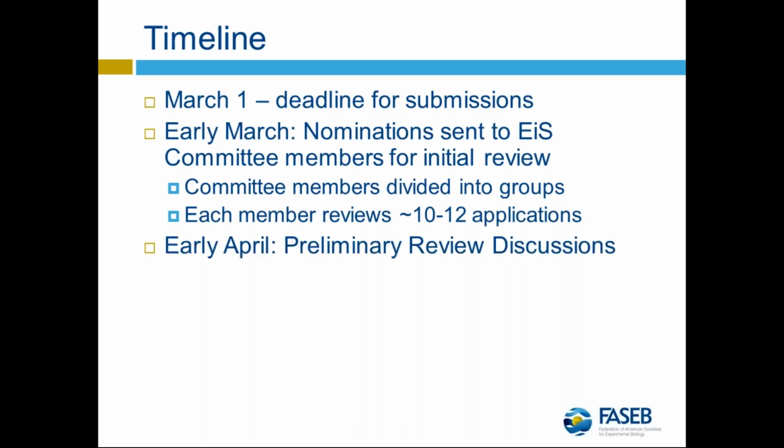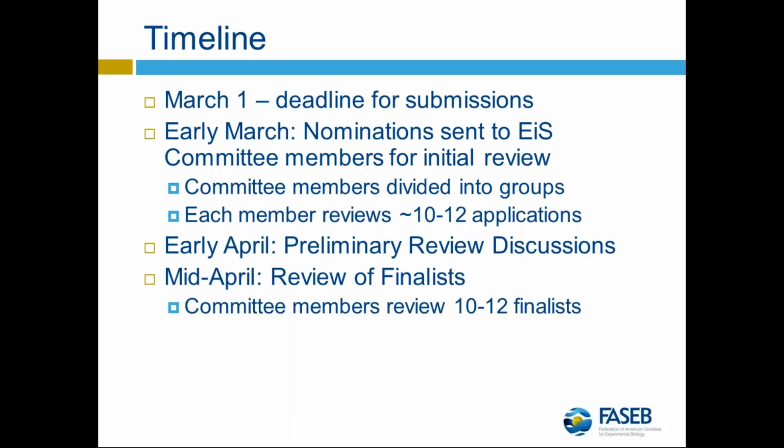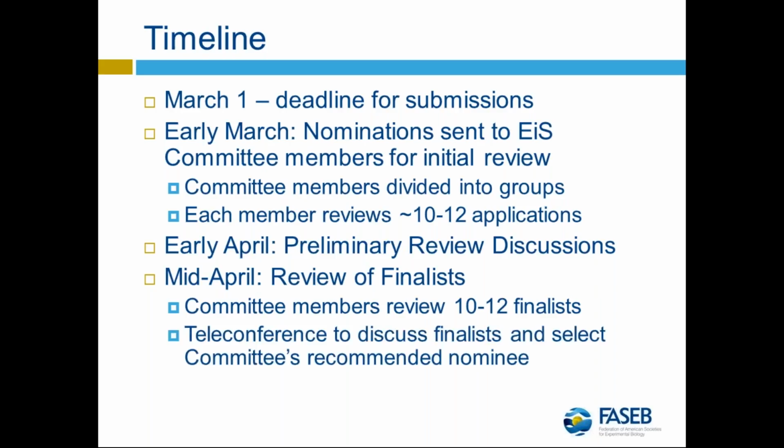In early April, they have the preliminary review discussions, just to verify that everyone in each group is in agreement about which applications will move on for additional review and which ones will be passed for this cycle. And then in mid-April, we anticipate reviewing about 10 to 12 finalists, and there's a teleconference to discuss those finalists and make the final recommendation on behalf of the committee regarding the awardee.